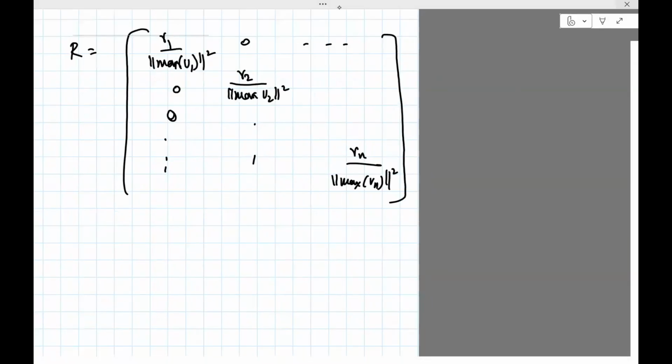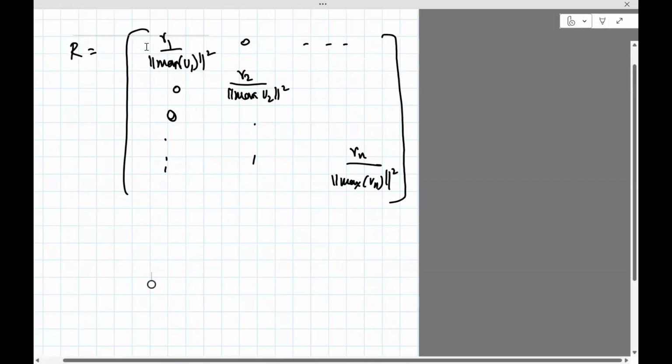Now, here I'm assuming that your controls are different. Maybe one of them has torque, U1 is torque, U2 is some kind of position or voltage. In that case, you will not non-dimensionalize like this. But if all of them are torques, all of them in Newton meters, then you can actually do something simpler than this. You can just get rid of this whole thing.